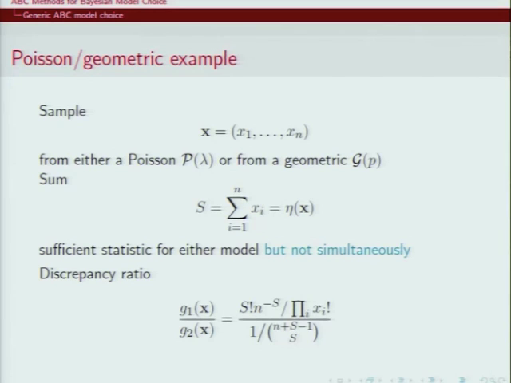I get a quantity that varies with the data, and therefore this summary statistic is not informative about which model is relevant for the data, which makes sense when you think about it, because S is a single number, and you don't want to decide whether it's Poisson or geometric based on S equals 3, for instance, right? So there is not enough information in S, but for our purpose, that's something significant.